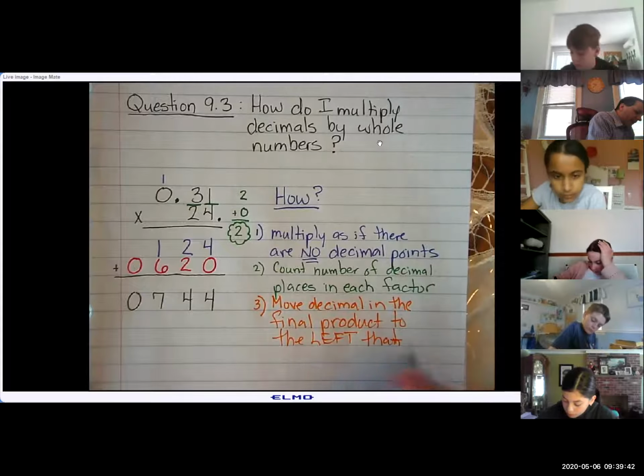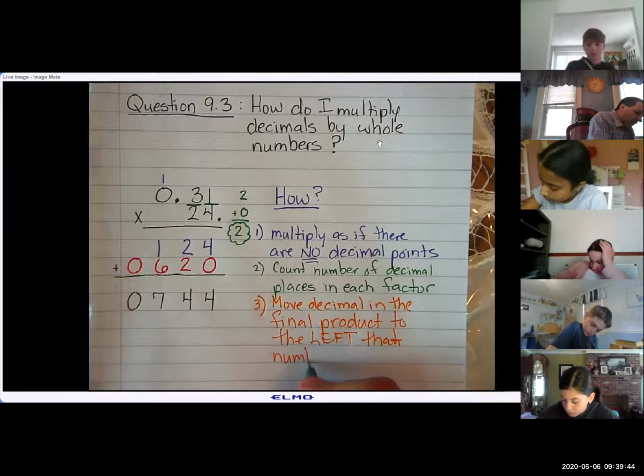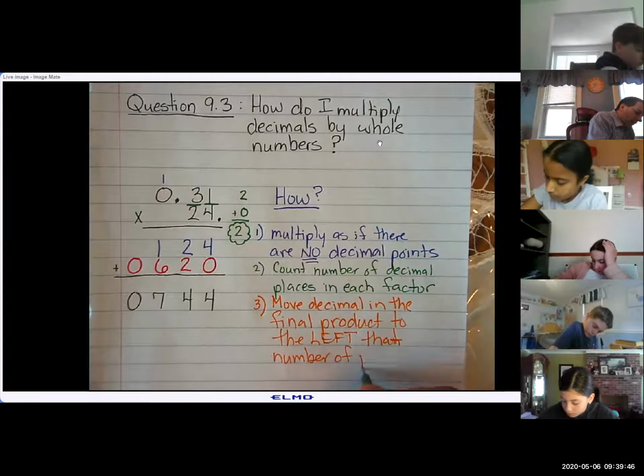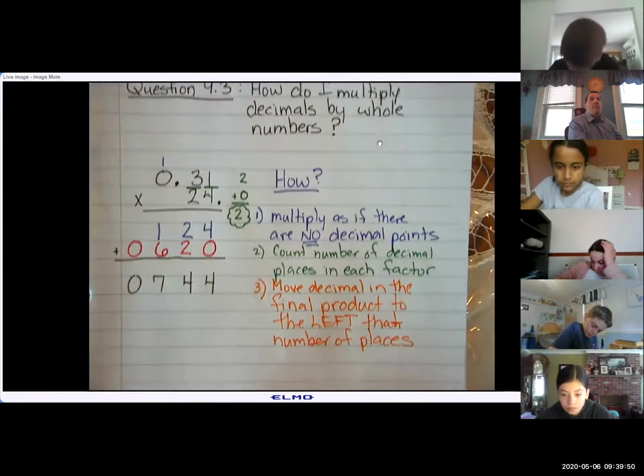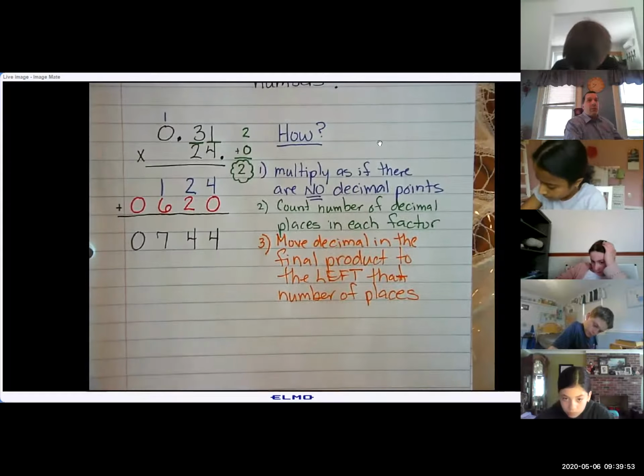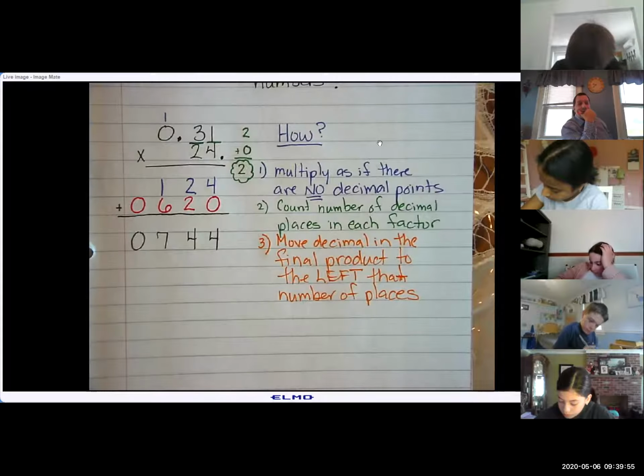Whoops, that number of place values, places. I'm going to let you write that and then I will model it.